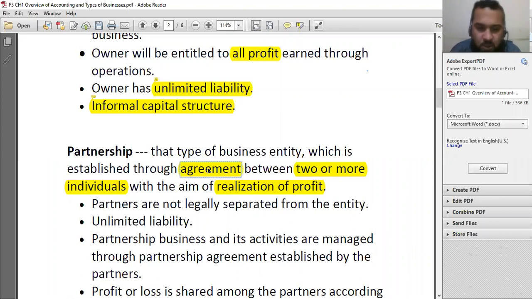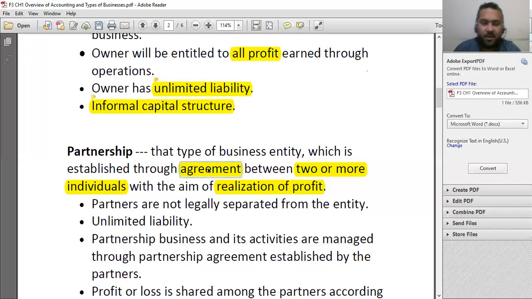Clear. The role and responsibility of each and every partner will be specified, whether salary will be given to the partners or not, whether interest will be paid on the invested capital or not. So different points will be mentioned in the agreement, and if there is a dispute between partners, the agreement will be used to resolve the dispute.